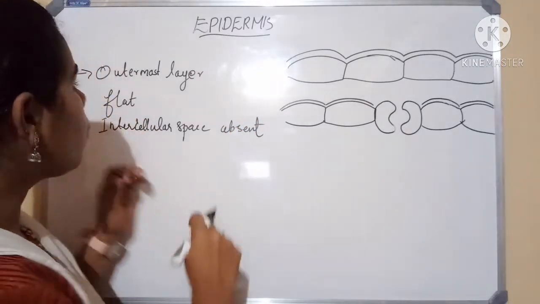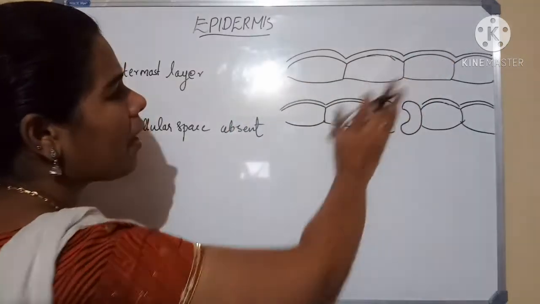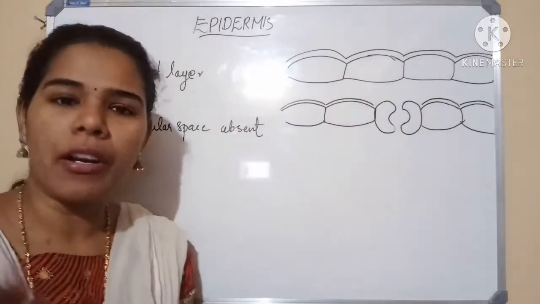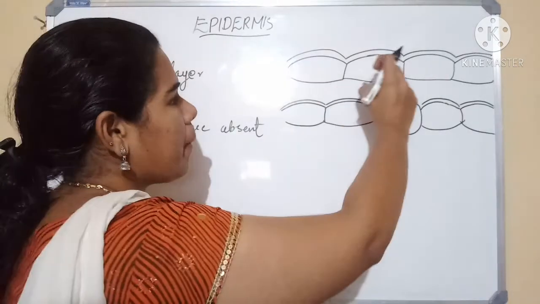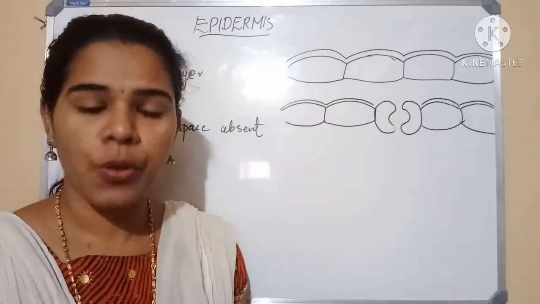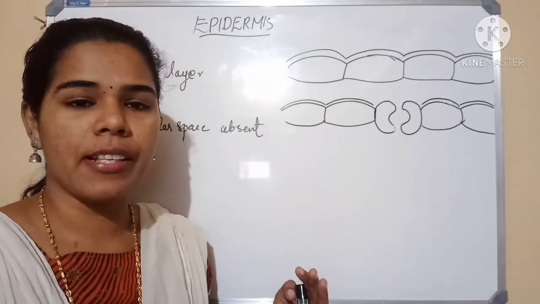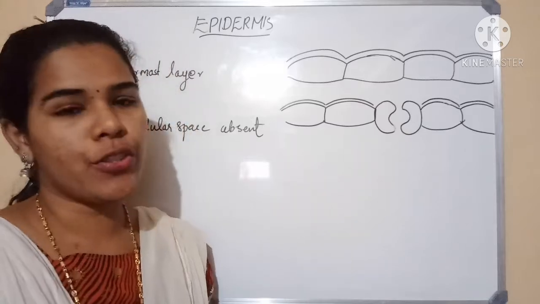We know that it is the outermost layer of the stem, leaf, any part of the plant. So the outermost layer is made up of epidermal cells, flat, without intercellular space, tightly arranged cells.